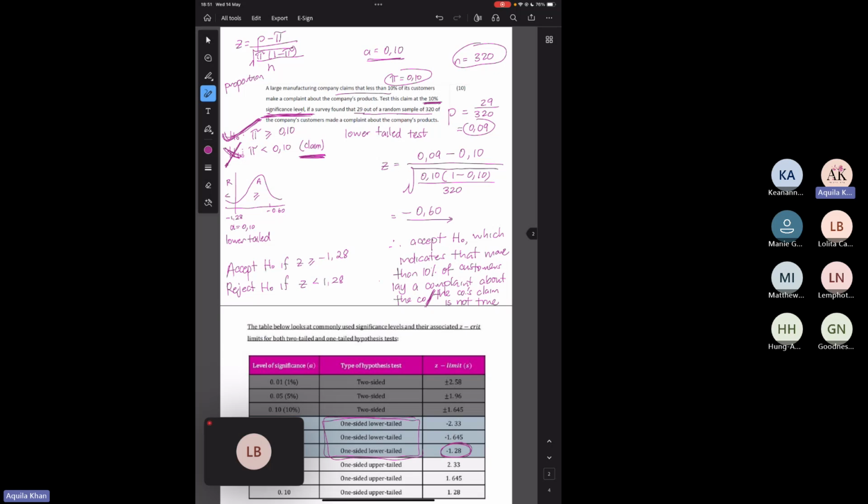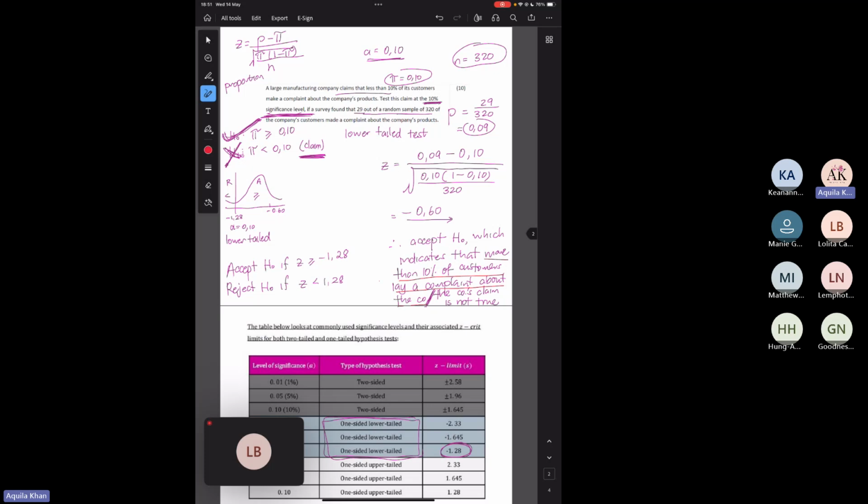So whichever you prefer. If you want to say the sentence about accept the null hypothesis, which indicates that more than 10% of the customers lay a complaint about the company, you can say that. But if you want to, you can just say accept the null hypothesis, which indicates that the company's claim is not true. All right, and that is it.